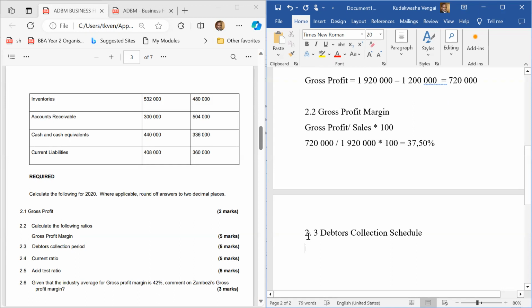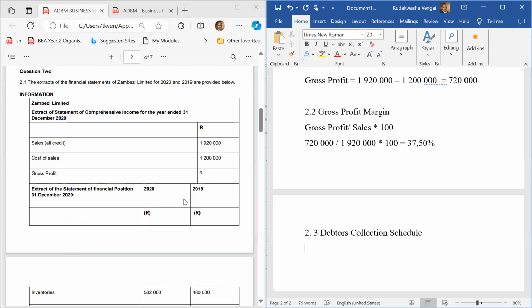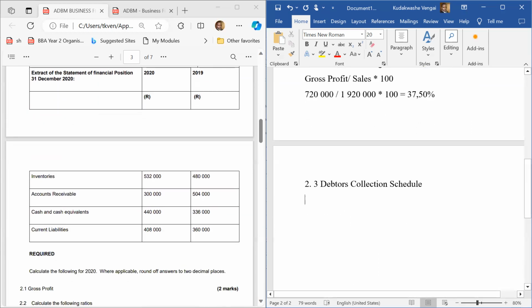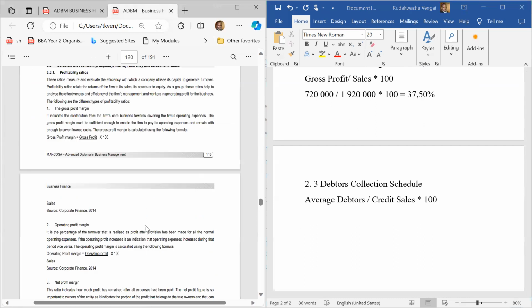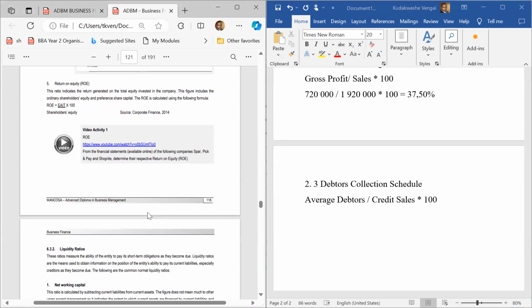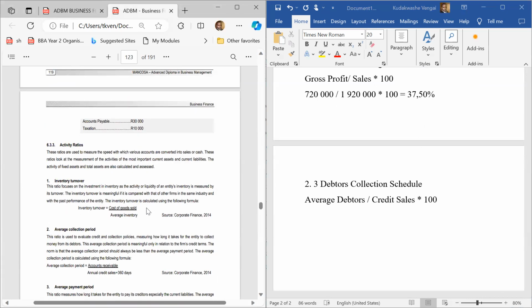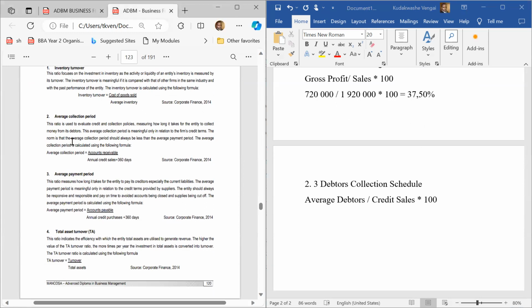So we're going to use the averages formula since we have the information for both 2020 and 2019. So debtors' collection is going to be average debtors divided by credit sales multiplied by 360. The formula should be in your study guide under activity ratios, average collection period.